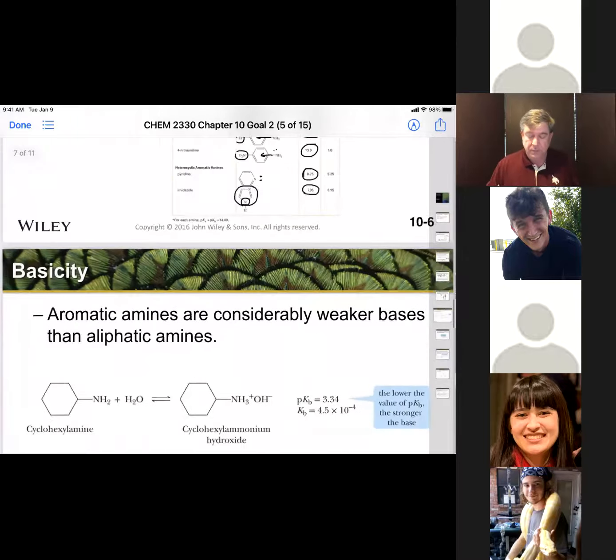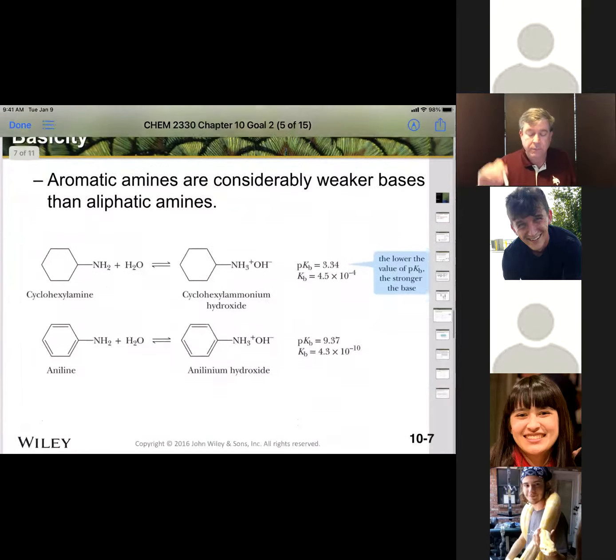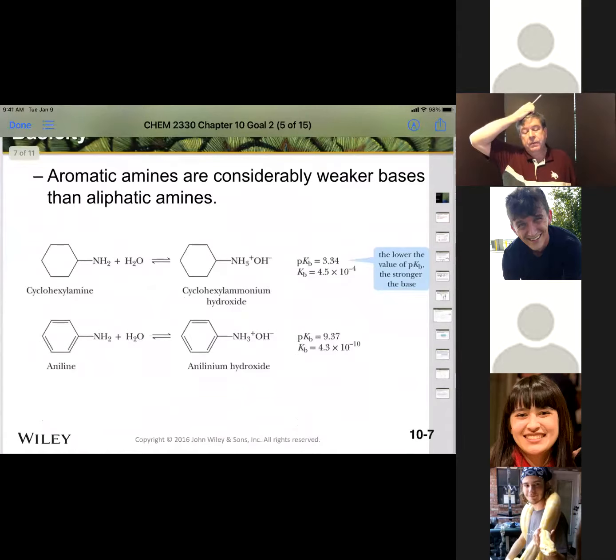So if we have the difference in the aliphatic and the aromatic, we can use that to help us separate them, okay? Aromatic amines are much weaker bases than the aliphatic, and so we'll see a much bigger difference in the pKb. In the case of cyclohexylamine, we have a pKb of about 3.34.